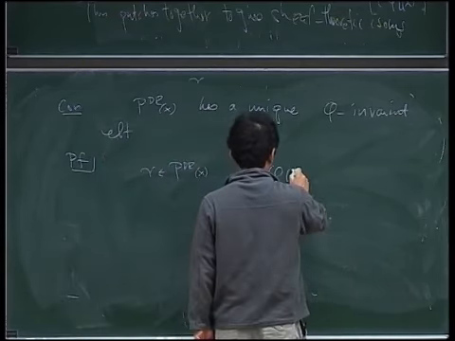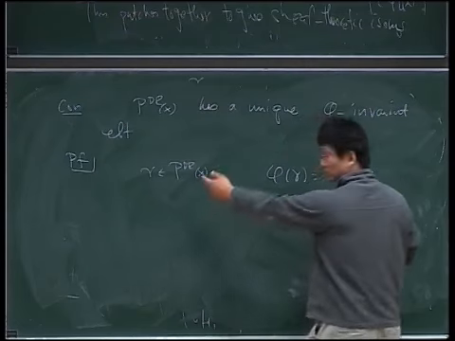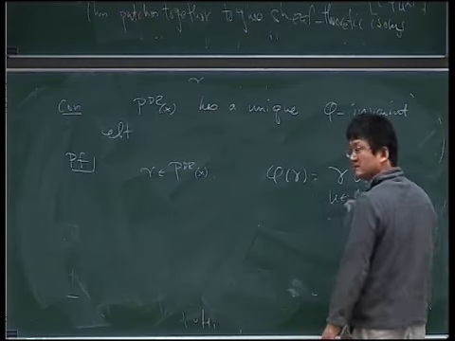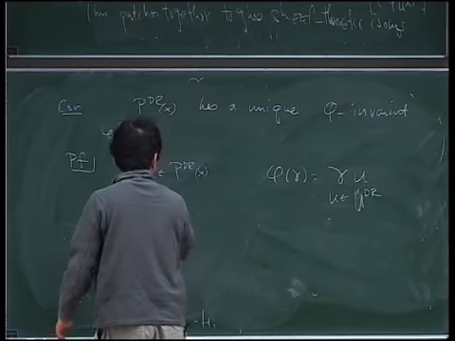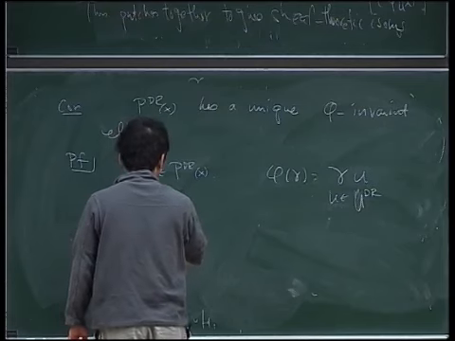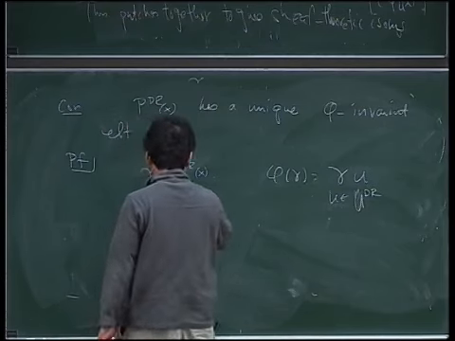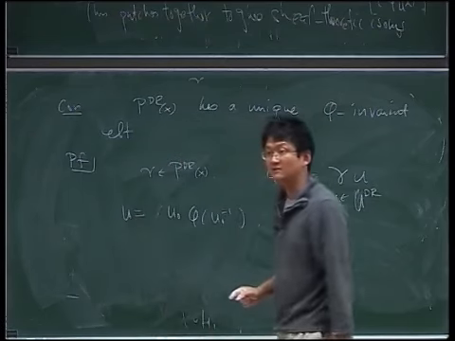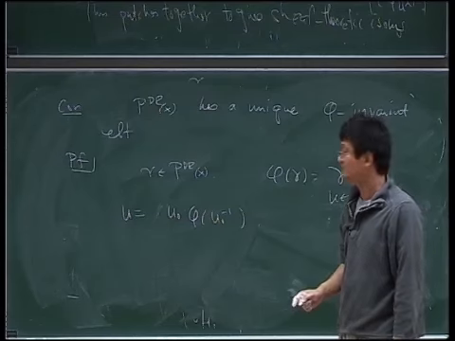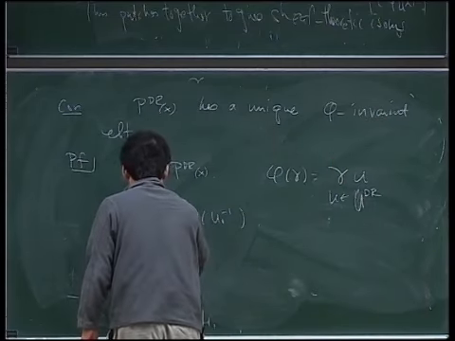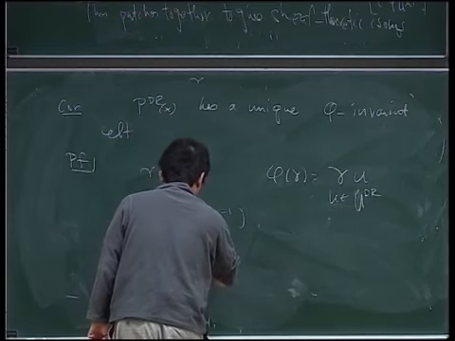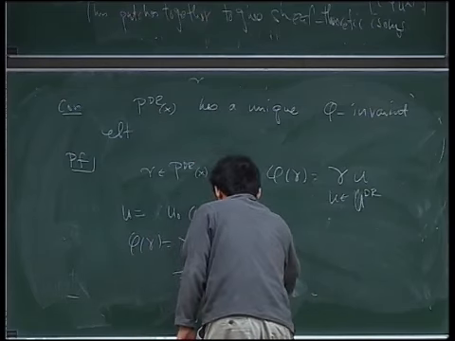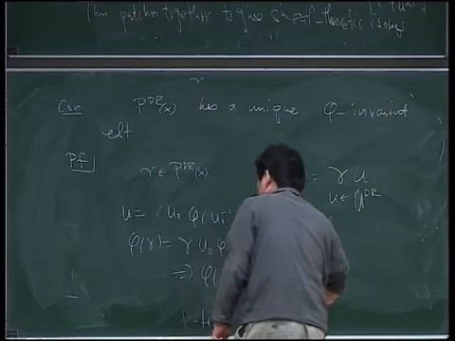Then phi of that will be gamma of u for some u inside U dR, because this is a torsor for U dR. But u can be written as some u naught phi(u naught) inverse, because of the surjectivity of the Lang map. So phi of gamma becomes gamma of u naught phi(u naught) inverse. So phi of gamma u naught equals gamma u naught. So there exists a Frobenius invariant path.